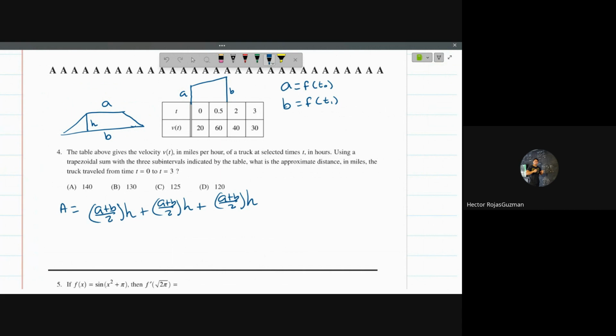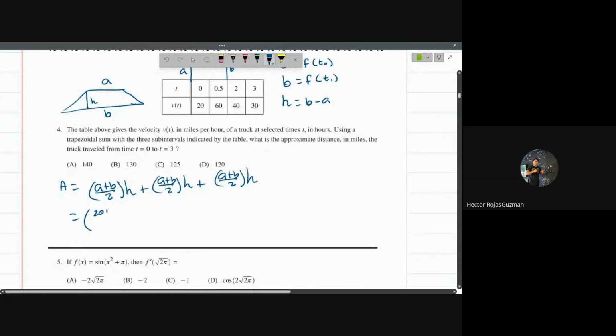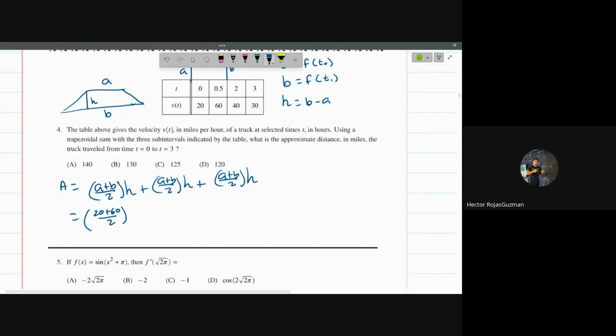And I'm also not using the traditional trapezoidal rule formula that we learned because the width of each trapezoid is different. The height of the trapezoid is the difference between b minus a. And as you can see by the table, that width, that height, is going to be different every time. So for the first trapezoid, we have (20 plus 60) over 2 times h, which again is this.